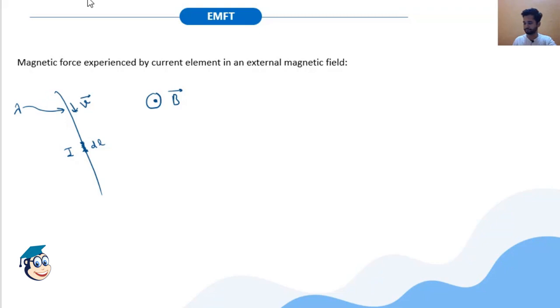Okay, so now we can write that the small charge dq present in length dl is nothing but lambda times dl.